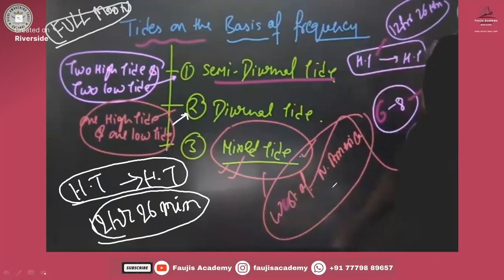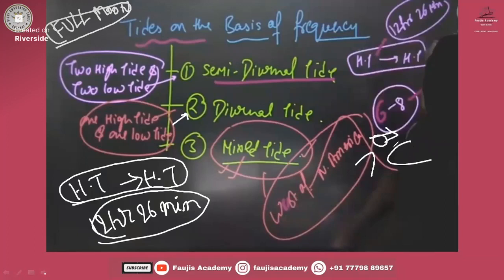And west of North America we have a place where we have like 6 to 8 times. How is that happening? See, west of North America we have the Pacific Ocean coming that side, then the Atlantic Ocean also from the other side, and we have some seas over there.